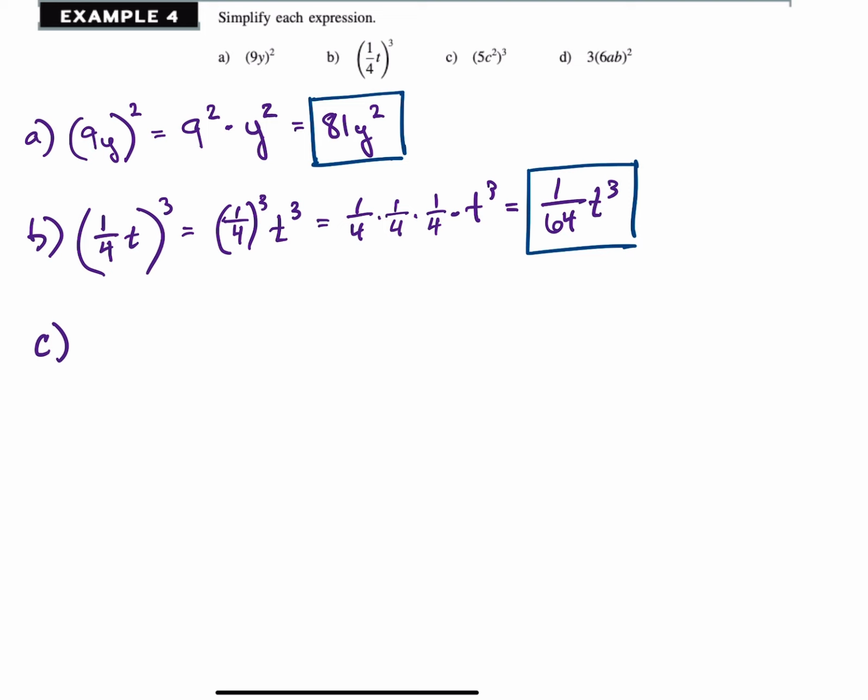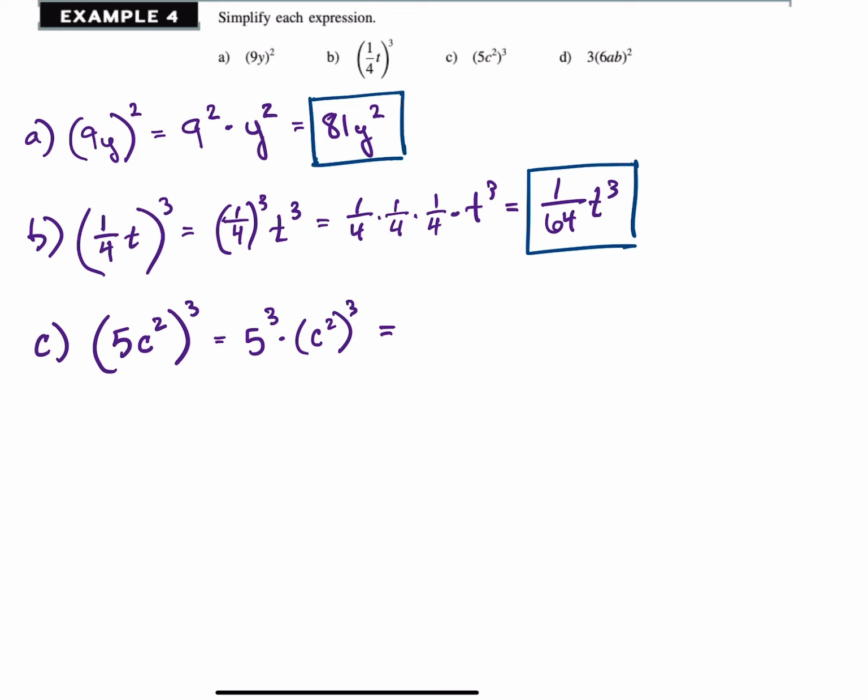In part C, we have 5 times c squared, all of this cubed. So we're going to start combining some of these rules together. Let's first distribute that power. This will be 5 cubed times c squared cubed. So here we have a power raised to another power.